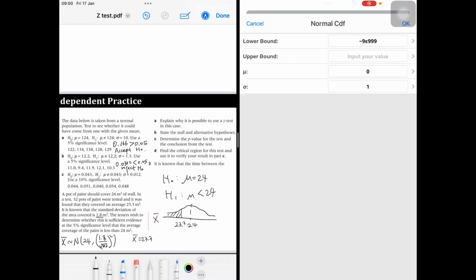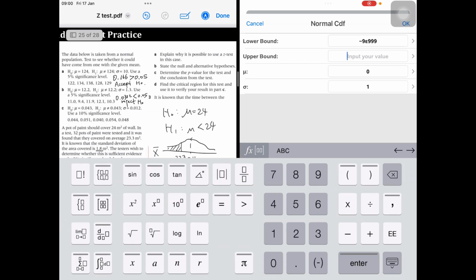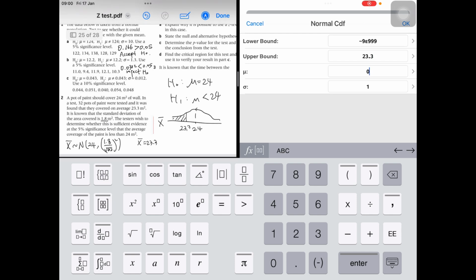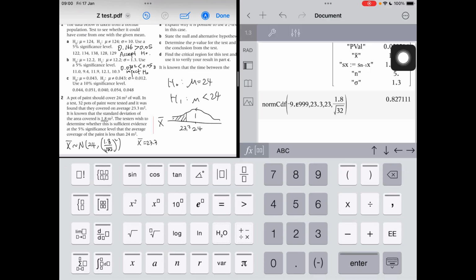And we want to know what probability we can get this 23.3 as an extreme level. So this is negative 999 and 23.3, mu 24, and standard deviation 1.8 over square root of 32. Okay, so this is our p-value.